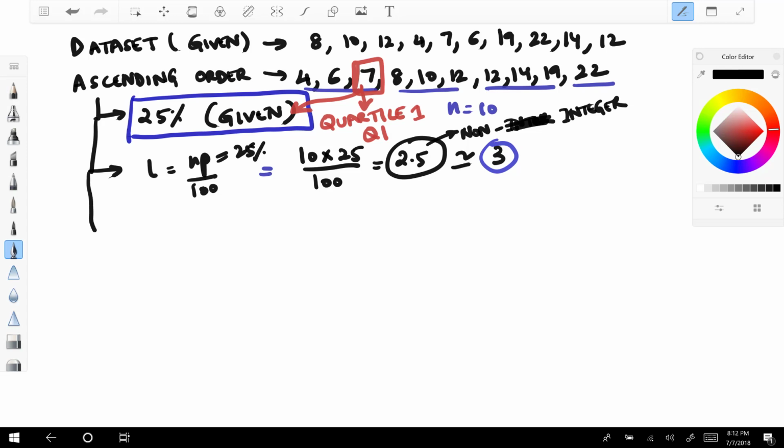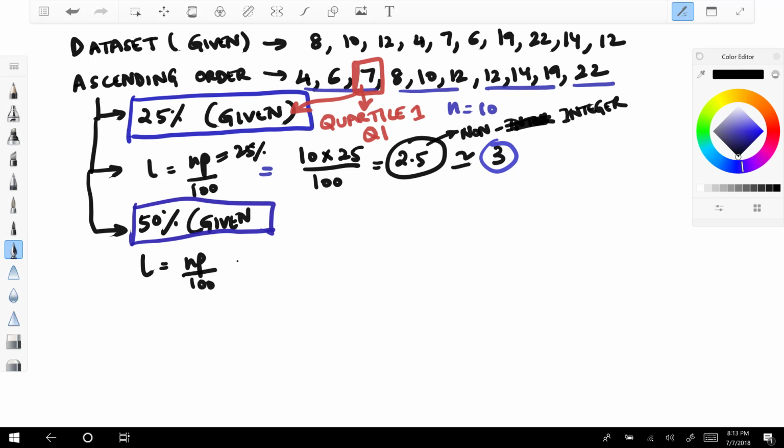So let's calculate the 50th percentile. So again we will use the formula L is equal to NP divided by 100.